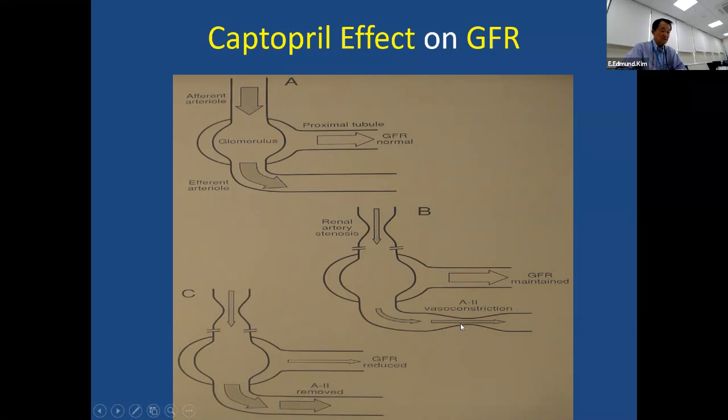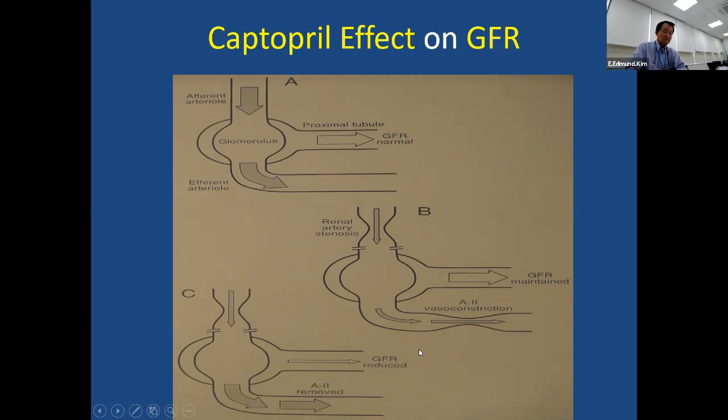But if there is vasoconstriction of the afferent arteriole, then flow cannot go through here, so it goes more this way. And if we use captopril, removing the angiotensin 2 role, then the GFR is reduced. So in the captopril study, we expect to see reduced GFR on the curve.